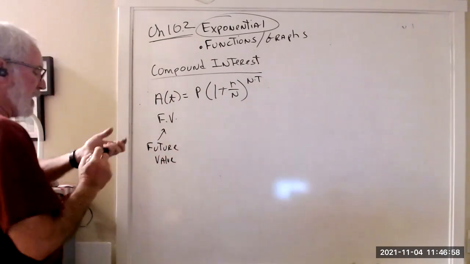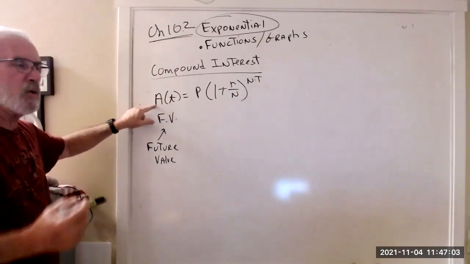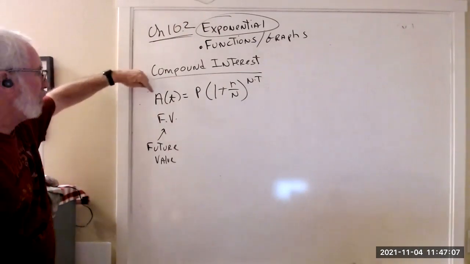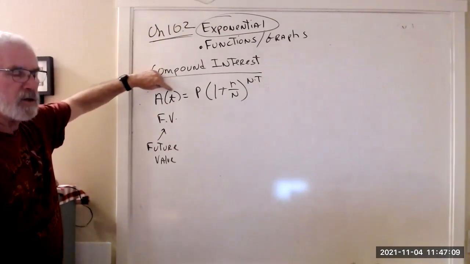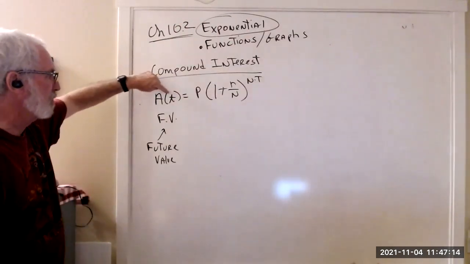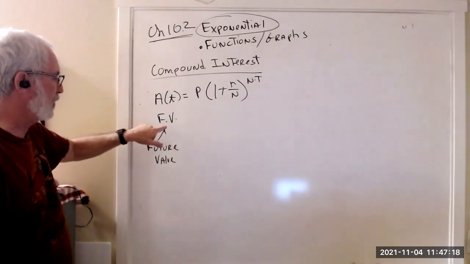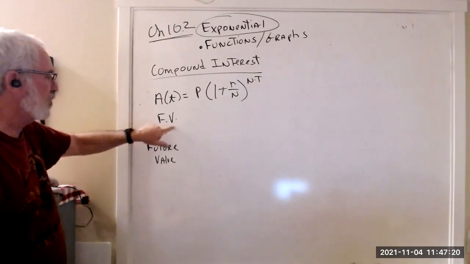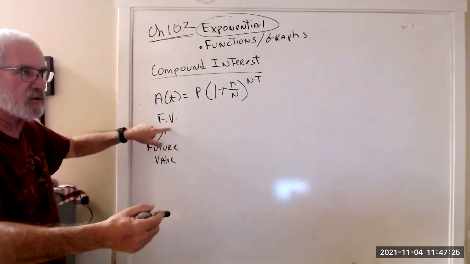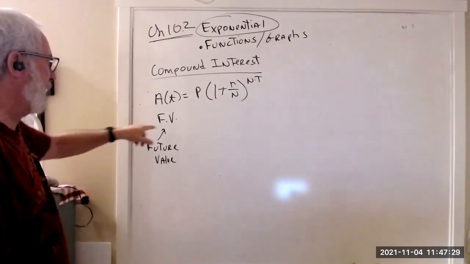That's what A of t would stand for. What's the amount or the value at a certain time in the future? So in math talk, we say A of t, the amount or the value in the future after a certain amount of time. But the problems that I selected from mom on this, and I went through and modified most of them, they sometimes use the phrase FV, future value. I don't like it because it's not math stuff, but it doesn't matter.